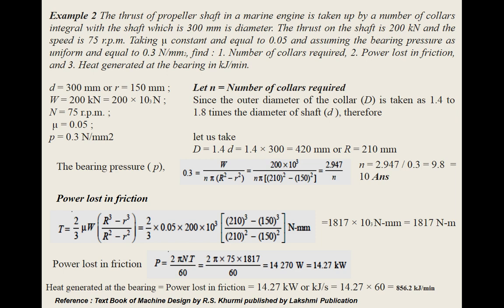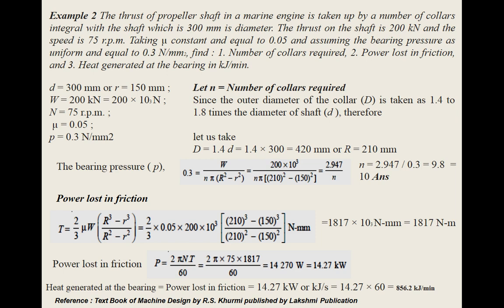W is given as 200 into 10 power 3, n unknown, pi, and capital R you have calculated as 210, and small r is 150, squared. Small r is equal to half of the diameter of the shaft. After calculating, n comes to 9.8, and you may round it to the fixed value 10. So the number of collars required is 10.